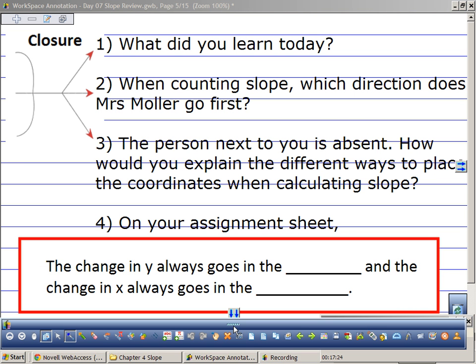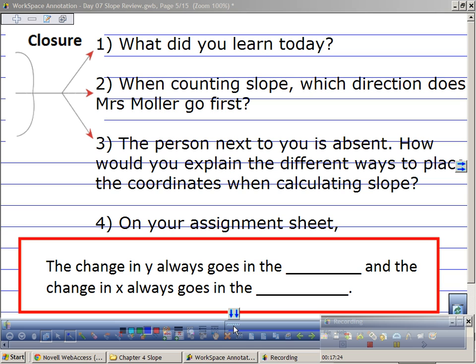Okay, so what did you guys learn today? Kind of how to put it all together, right? Slope. When counting slope, which direction does Mrs. Muller go first? No, when counting on a graph. All right, guys, I need your attention.